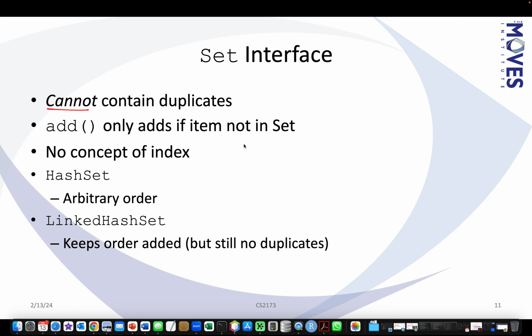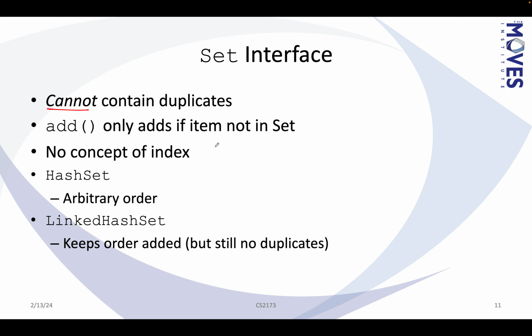There is no concept of an index with a set. With the exception of an ordered set or a linked hash set, and even there, there's really no concept of order. In all lists, there's a concept of order by index. The index is the order.